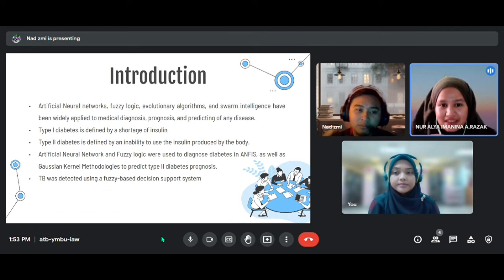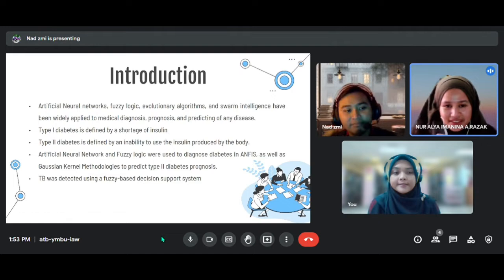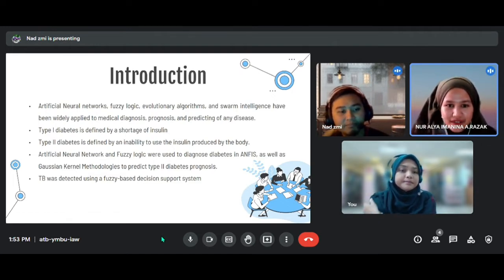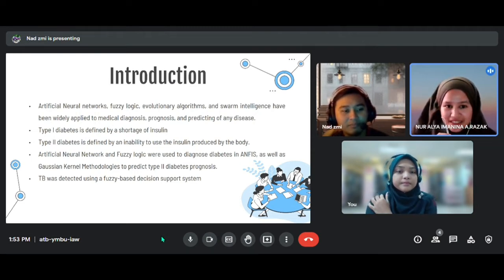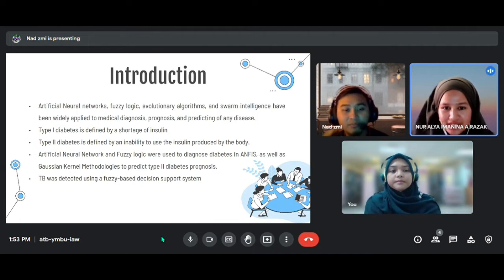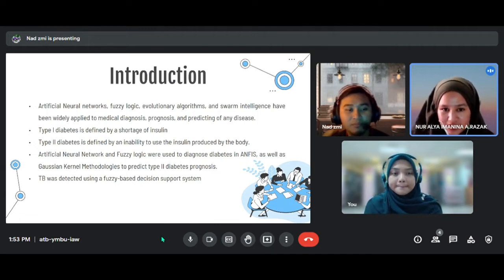Diabetes is a metabolic condition marked by hyperglycemia caused by abnormalities in insulin secretion, insulin action, or both. Type 1 diabetes is defined by shortage of insulin, while type 2 diabetes is defined by inability to use the insulin produced by the body.